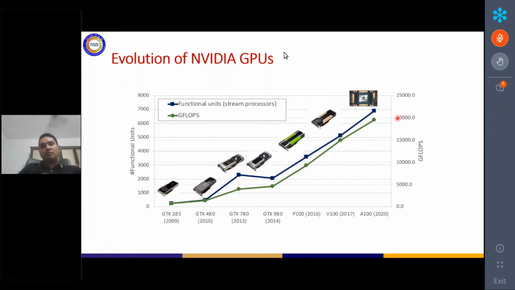Currently we have the Ampere series of NVIDIA GPU, which has several thousands of functional units inside these GPUs.